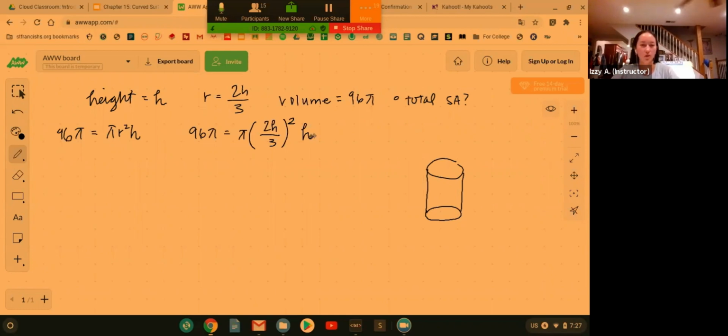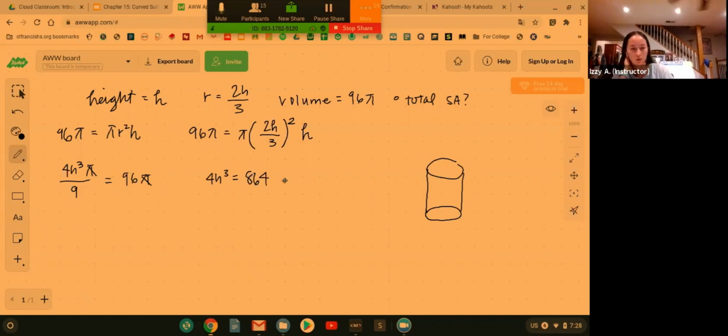If we were to multiply this out, we would get 4h cubed pi over 9, and that's going to be 96 pi. Then you can multiply 96 by 9, and the pi's cancel out. So you would get 4h cubed is equal to 864.